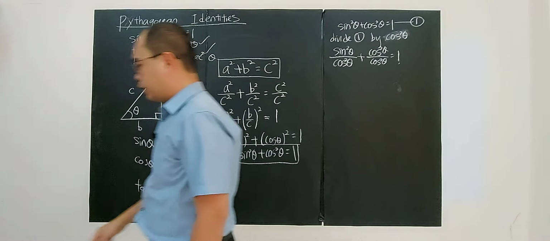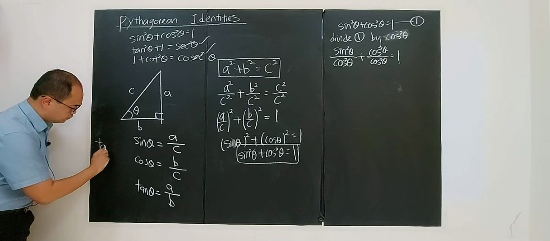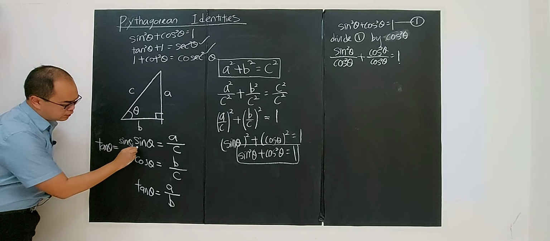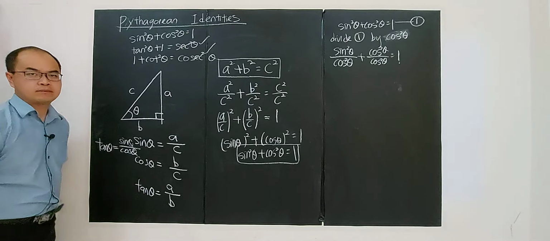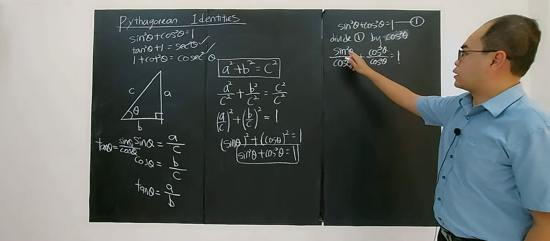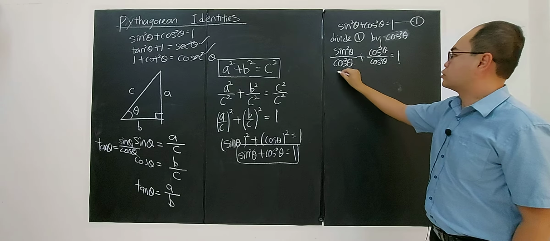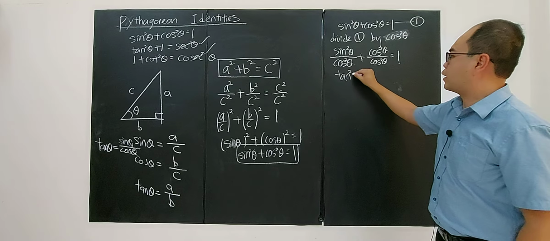As you know, tangent theta is the ratio of sine theta to cos theta. So sine square over cos square becomes tangent square theta.